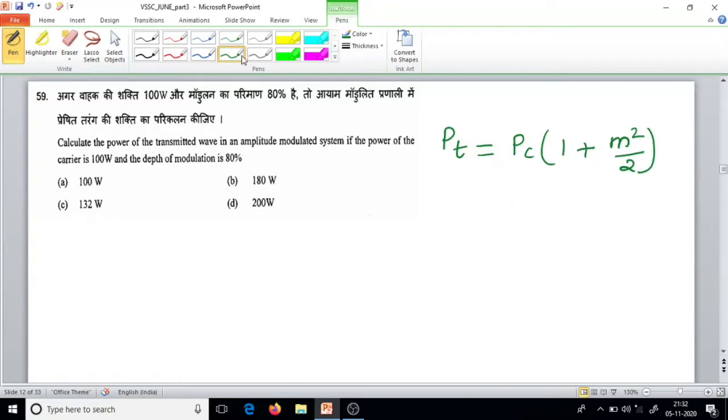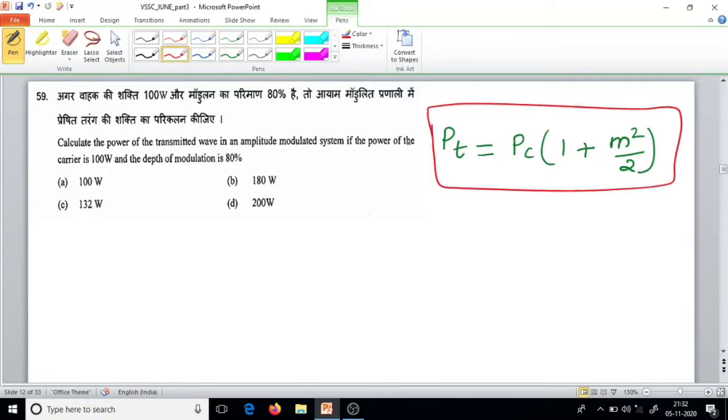So remember this equation. This is the total power equation for an amplitude modulated wave.